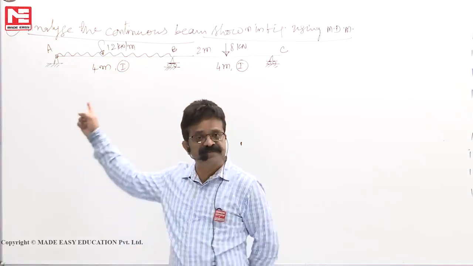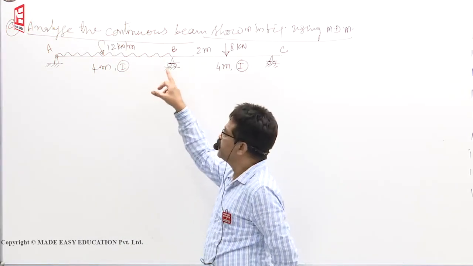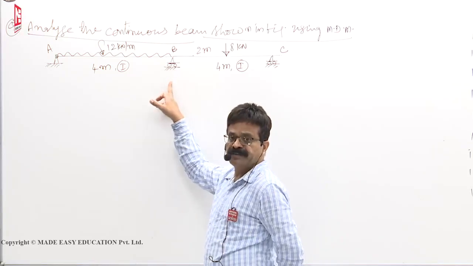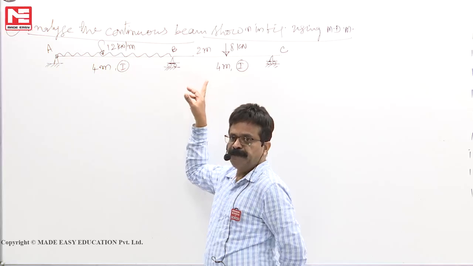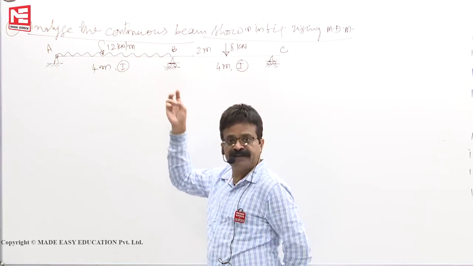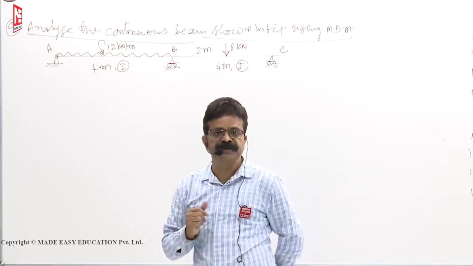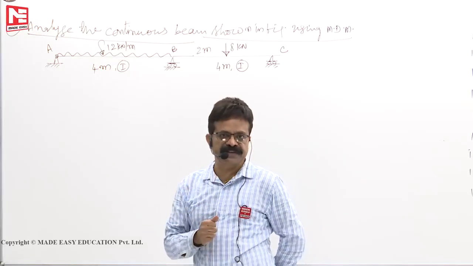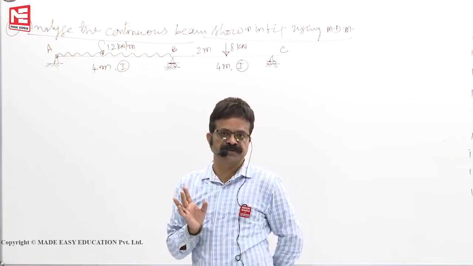But the continuous beam is now an indeterminate structure, so the shear force and bending moment depend on the I values. So material property and cross-sectional property influence the support reactions and also the moments, as we have seen in fixed beams. So the I value we must know beforehand.